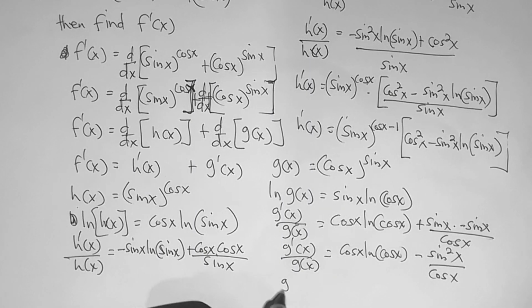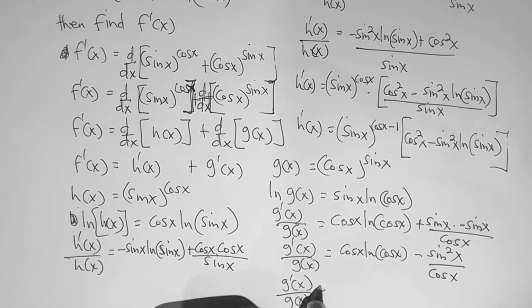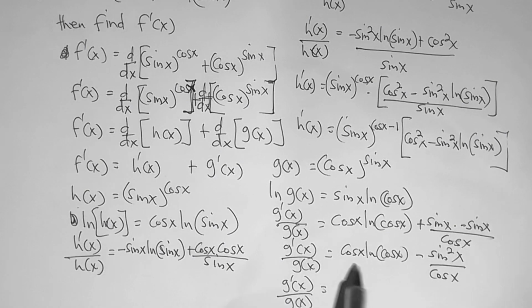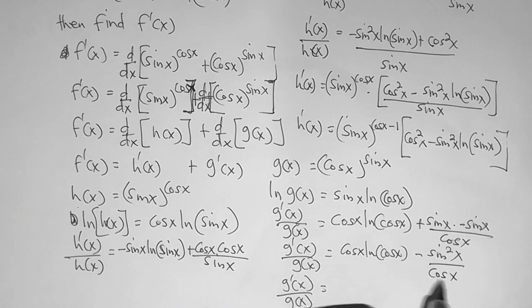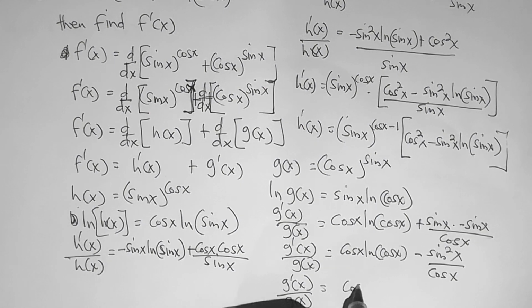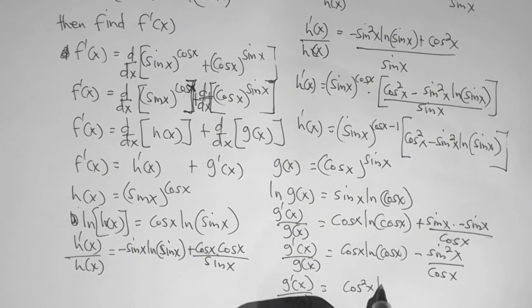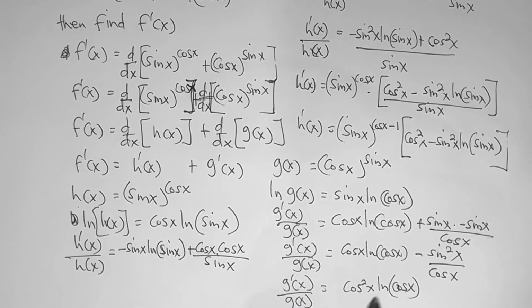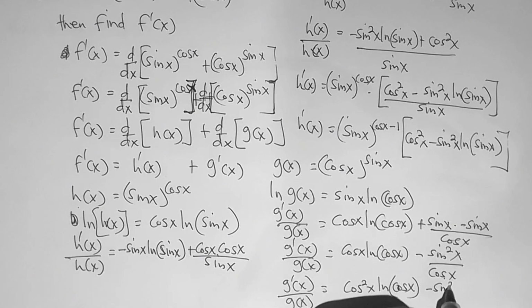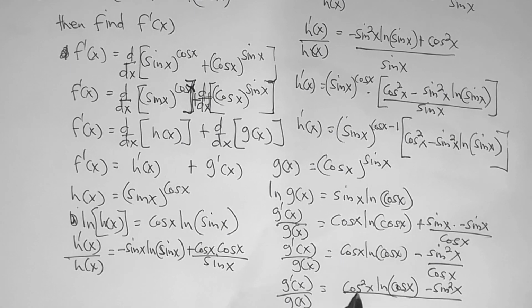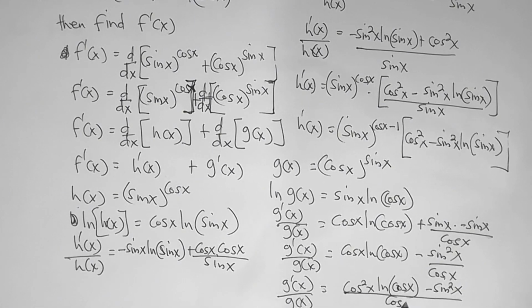Now we need to write this as a single fraction, so it becomes cos squared x ln cos x minus sine squared x, all of that divided by cos x.